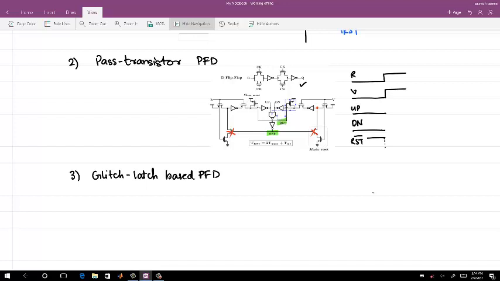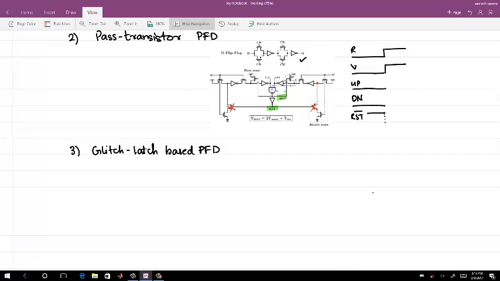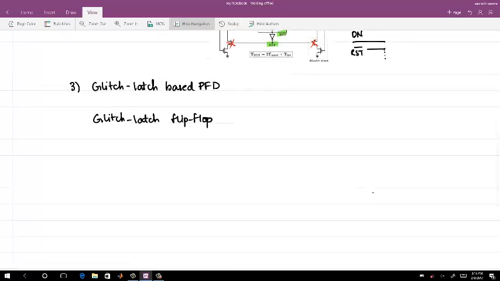A latch is transparent from input to output when the clock is high. This glitch latch flip flop is halfway between your latch and an edge triggered flip flop.